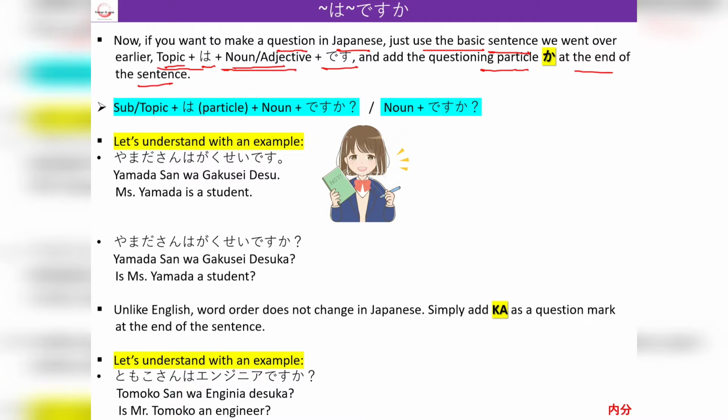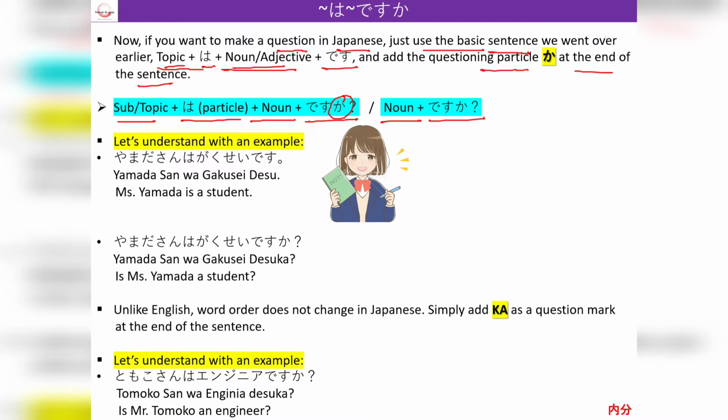So our sentence pattern will become: subject plus wa particle plus noun plus desu ka. Here we are adding ka at the end of the sentence, and if we want to omit the subject, then our pattern would be: noun plus desu ka.